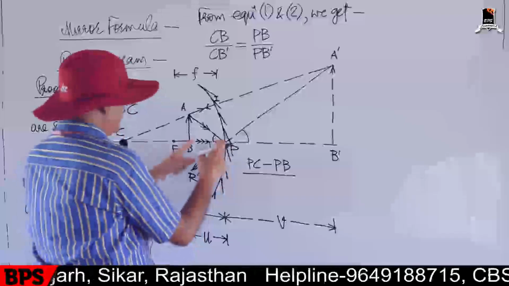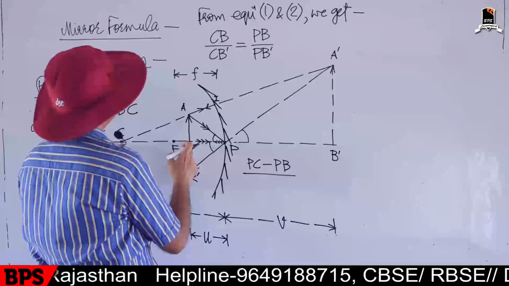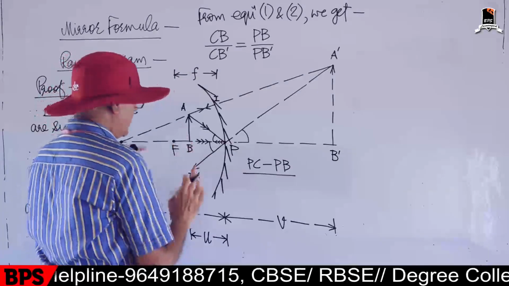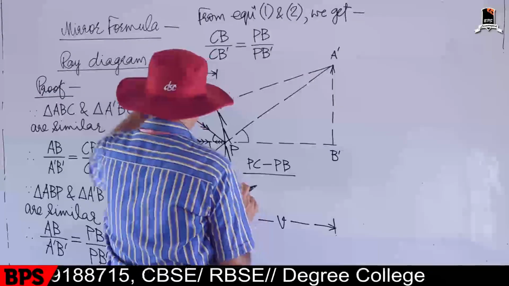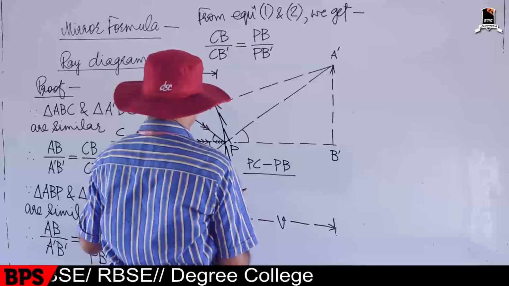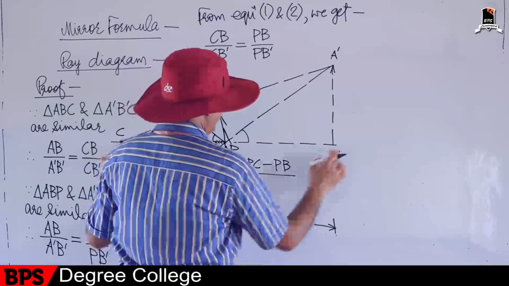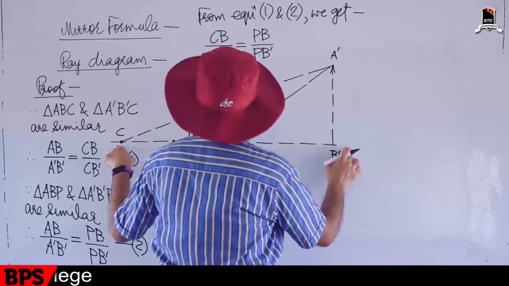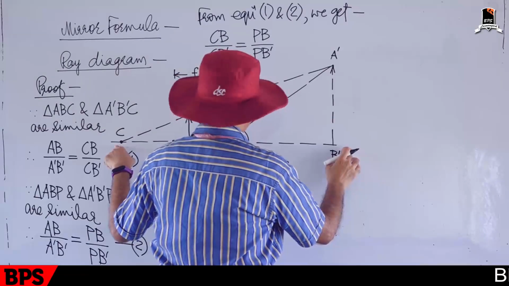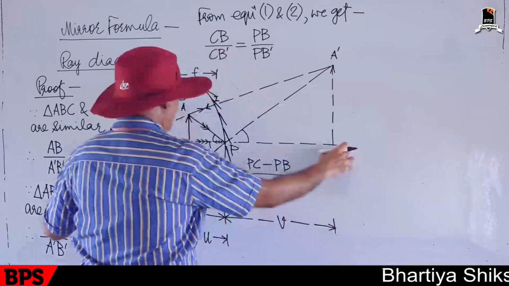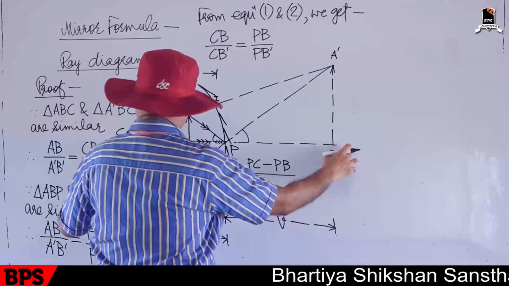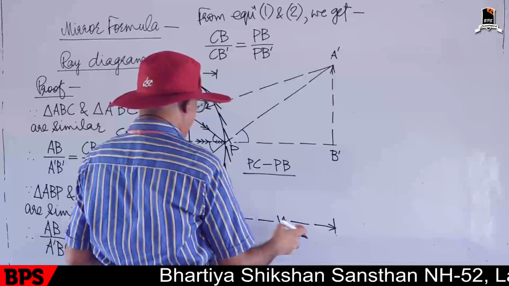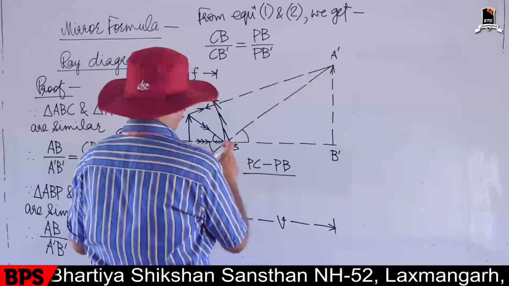PC minus PB gives you CB. Then CB dash, that is C and B dash, is equal to R plus V. You can write directly or you can break it up.